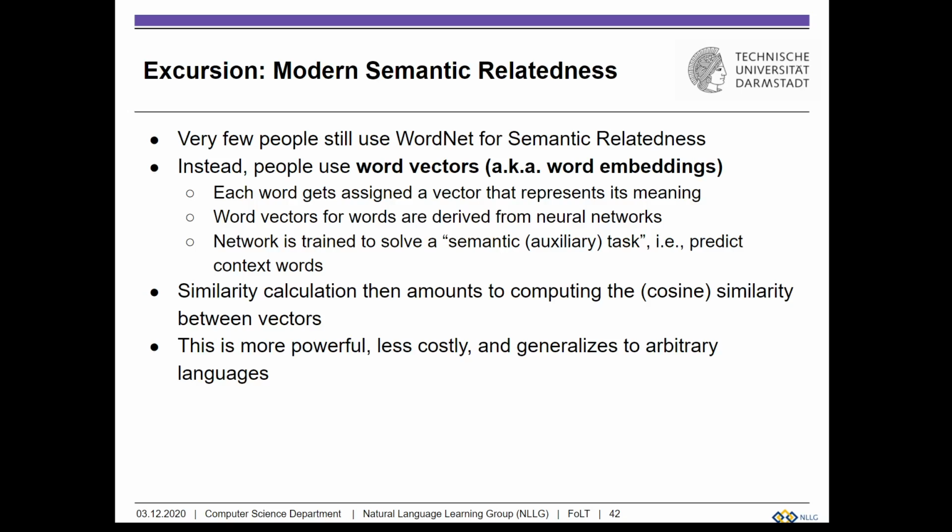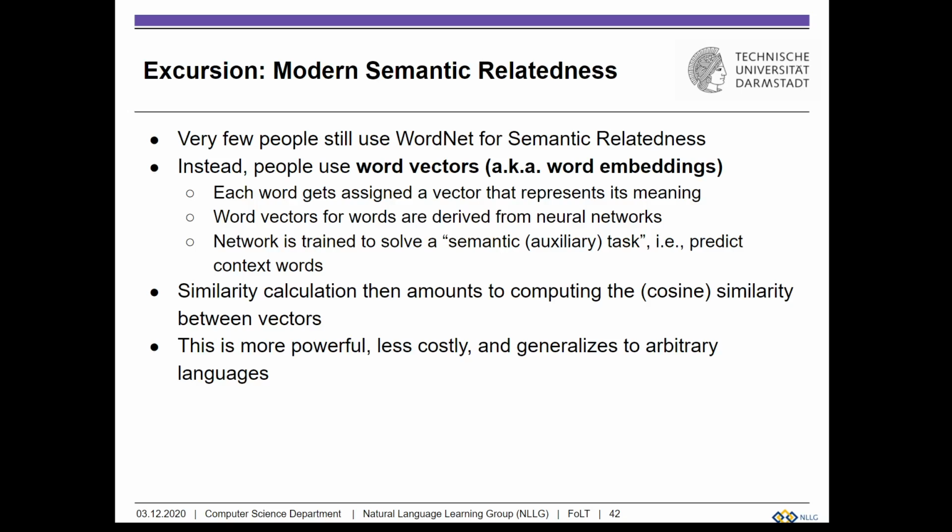I would say that nowadays very few people still use WordNet for semantic relatedness or semantic similarity, or to be more precise, I actually know nobody who is doing this. I'm a natural language processing person. Maybe there are some linguistic folks who are still doing this, but in the natural language processing community, there are very few people who do that.